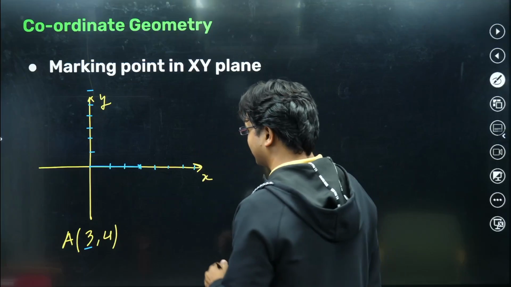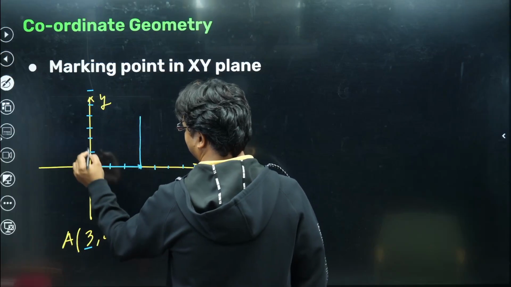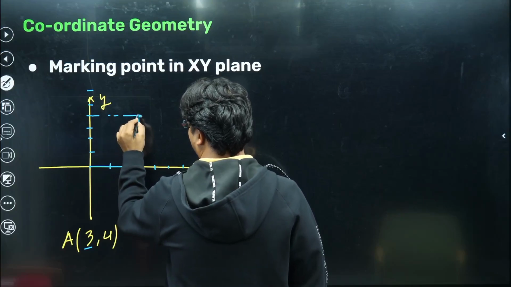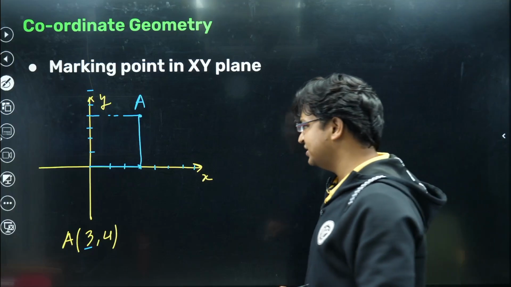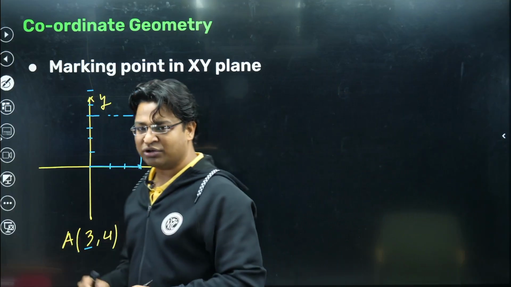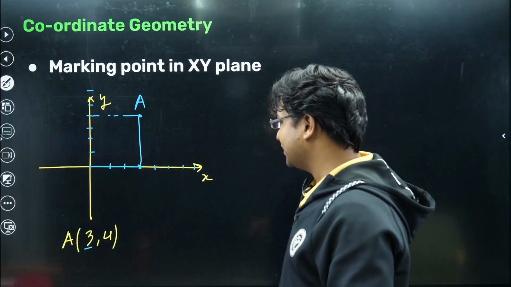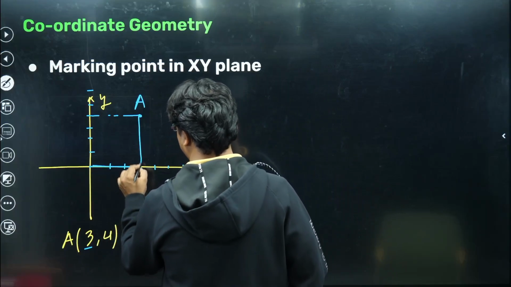Comma 4 would mean that after that you walk 4 units along y. So 1, 2, 3, 4, and then you will reach somewhere here. This point would be point A. Realize that each point on this plane has a unique address, and we can reach that point by walking parallel to the x and y axes.